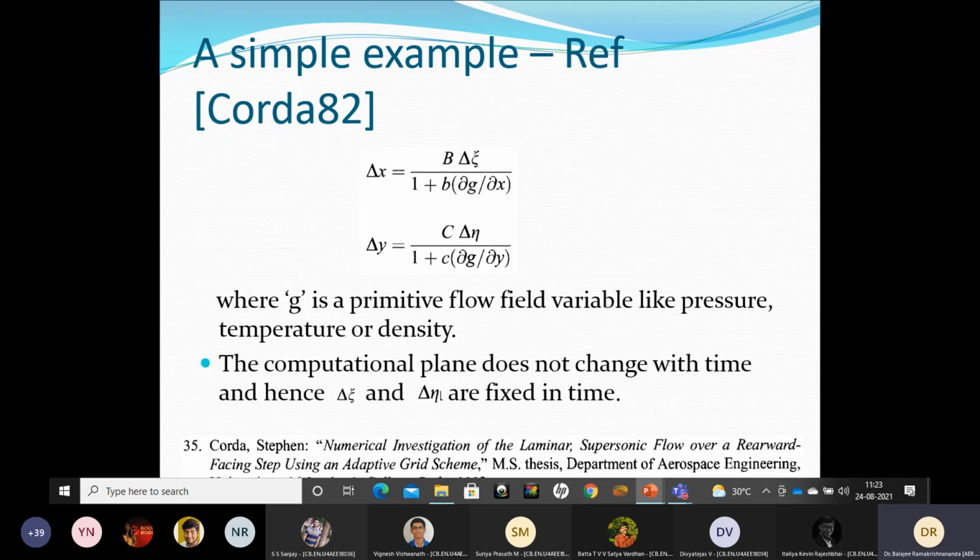The computational plane in this schematic does not change with time, but the delta X and delta Y between the successive Z and eta change with time. So delta Z and delta eta are fixed in time. This shows that he is not adding more grid points here. He is playing with the same number of grid points, but now clustering only in regions of high flow gradients.